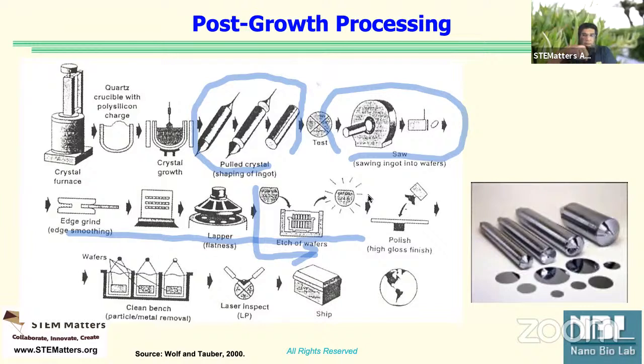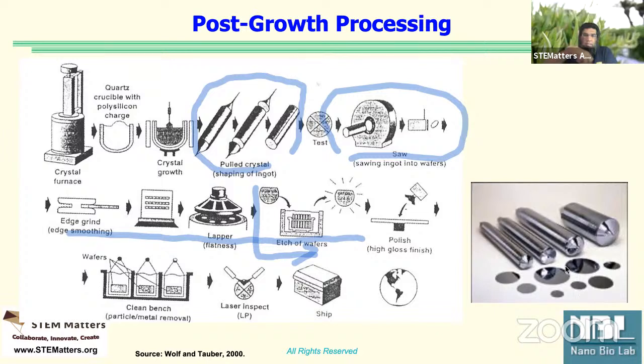So slurry is used to grind the surface and make it really, really smooth. Once we do that, we end up with wafers.